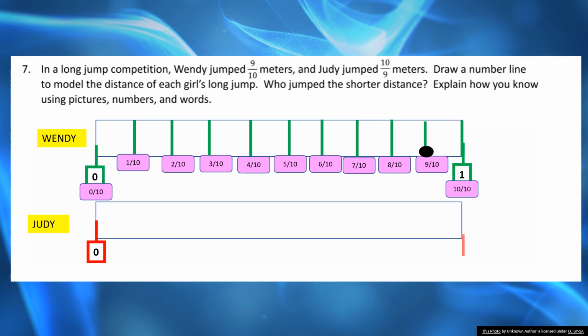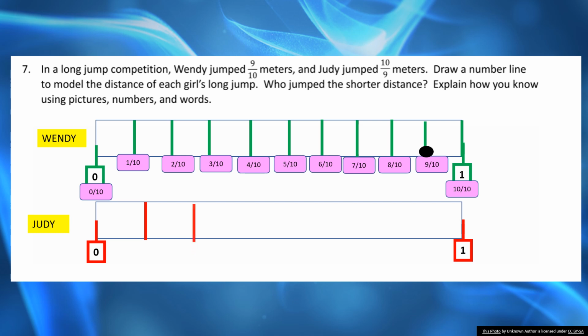And on the opposite end, we draw a little line there and write the end point of 1 and box it in. Now we have the end point of 0 and 1. Now we need to partition this number line into ninths, which means we need 9 lines. So let's go ahead and partition it into ninths.